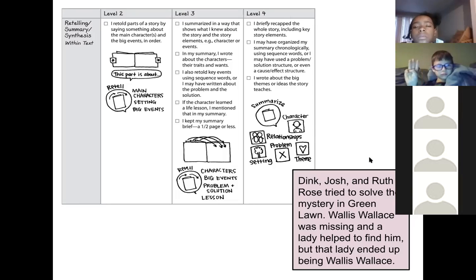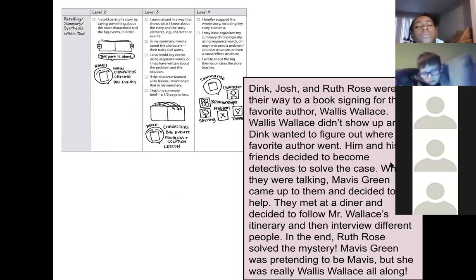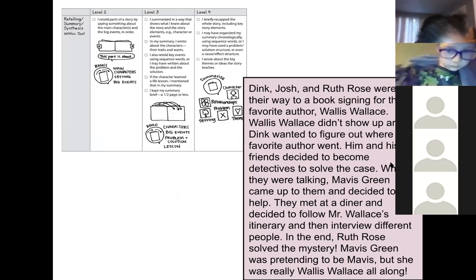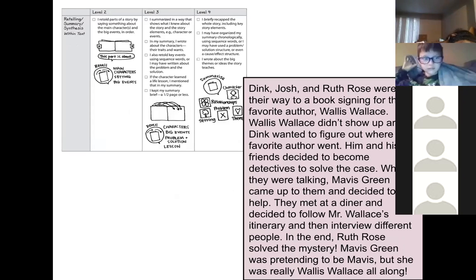All right, so let's look at the second retelling, okay? Dink, Josh, and Ruth Rose were on their way to a book signing for their favorite author, Wallace Wallace. Raylan, sit up. Wallace Wallace didn't show up, and Dink wanted to figure out where his favorite author went.